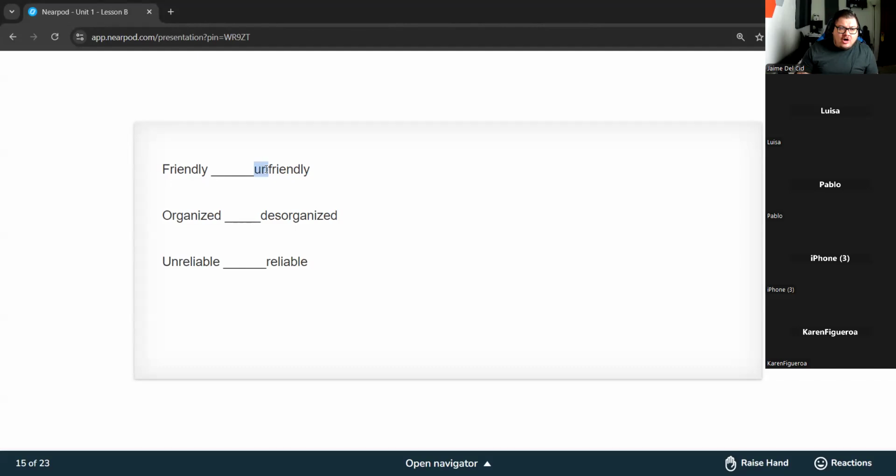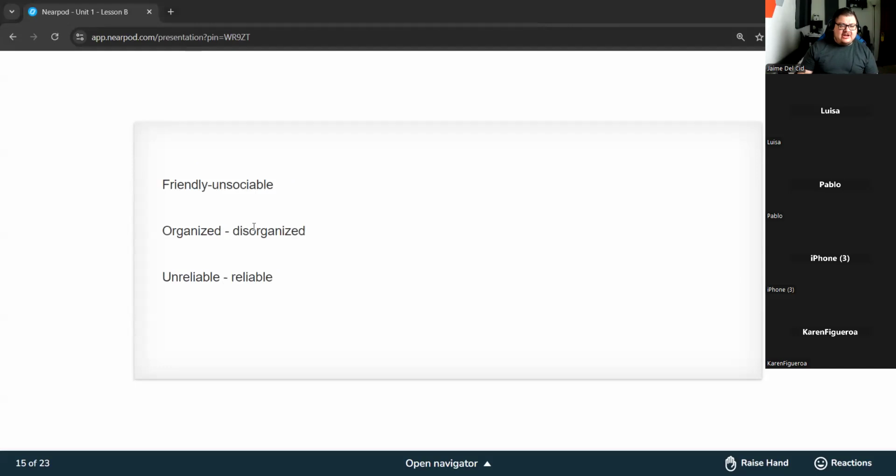For example, unfriendly. Or organized: this one is not "unorganized," it's disorganized, but it's kind of close. We have unreliable, right? Like unreliable and unfriendly, and reliable.